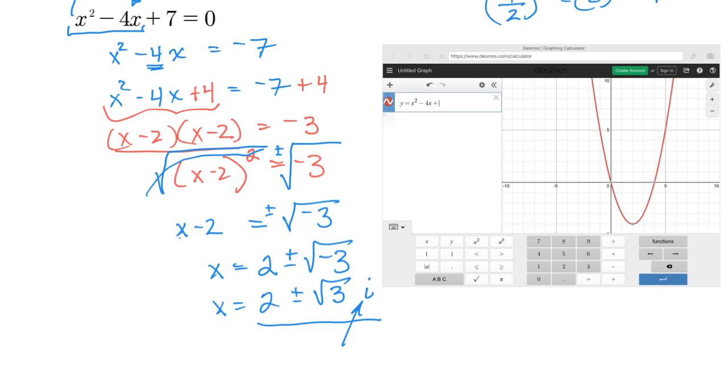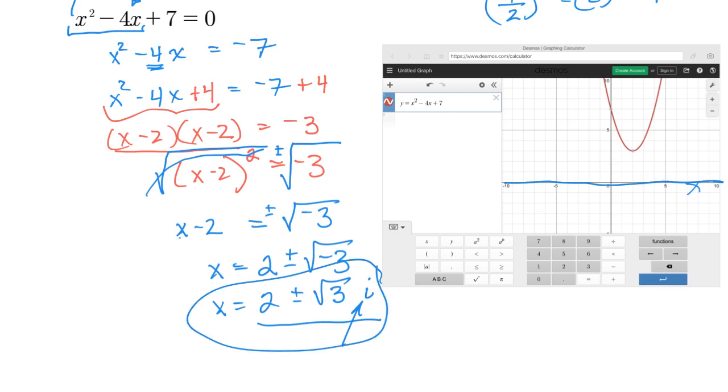Take a look on this graph. You'll notice that the graph doesn't cross the x-axis. Here's the x-axis down here, and it doesn't cross. Because it doesn't cross, that's why your answer comes out to a complex number.